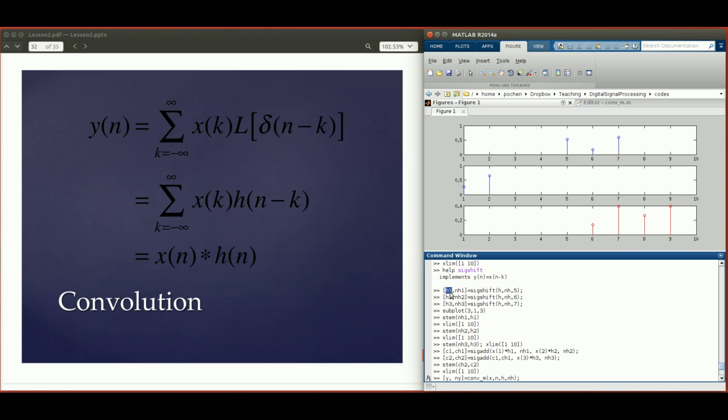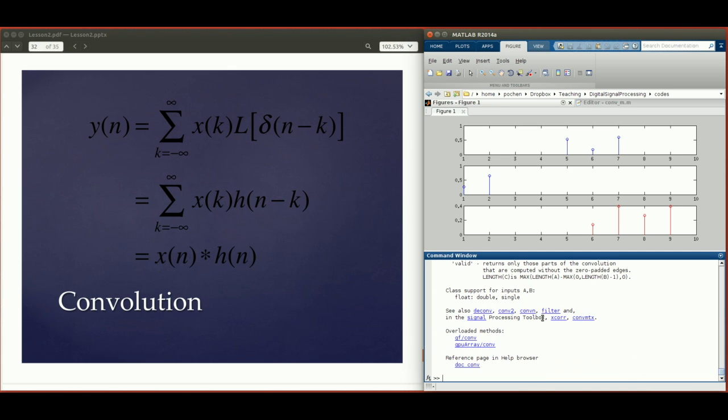And then what's going to be the ending index for h1? Because h has an ending index of 2, 2 shifted by 5 is 7. So h1 is going to have indices that go from 6 to 7.